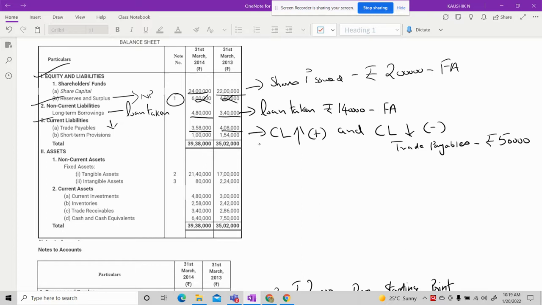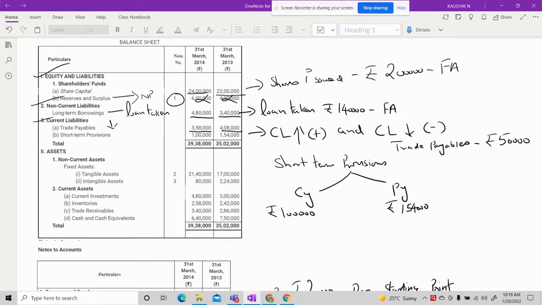Remember short term provisions. In this you have two categories, that is current year value and previous year value. Current year value is given as rupees 1 lakh, and previous year value is given as rupees 1 lakh 54,000.